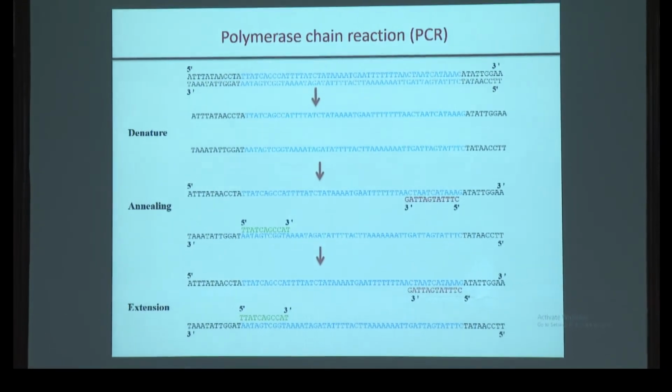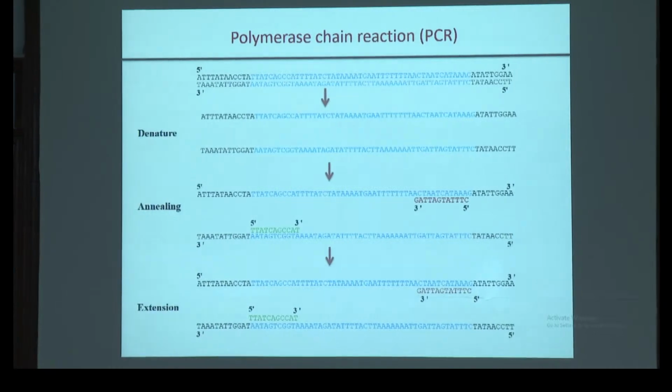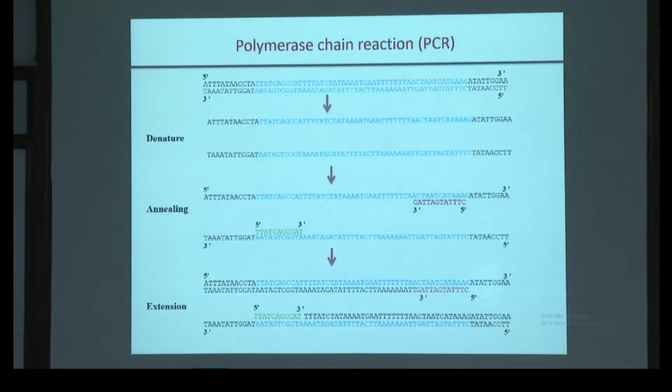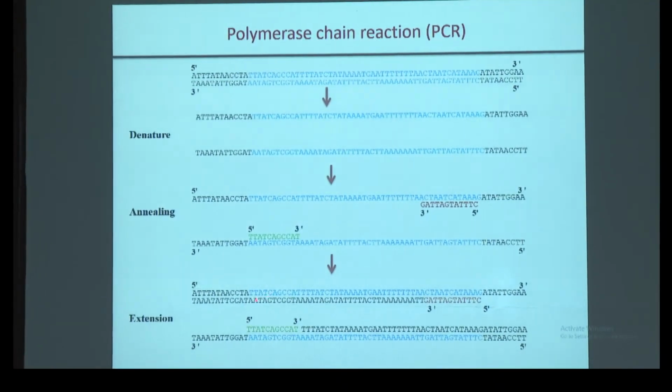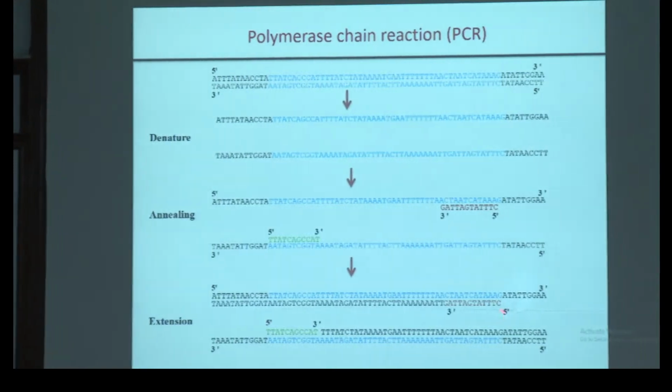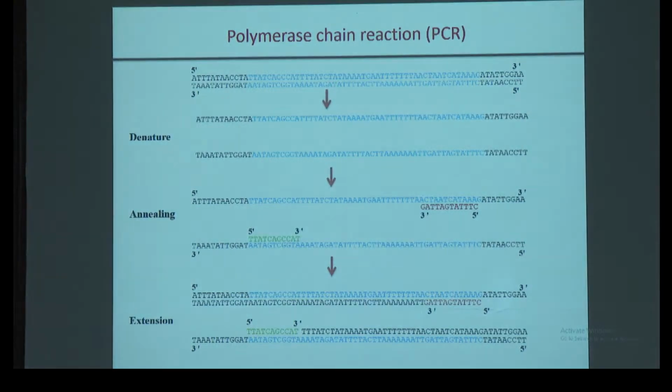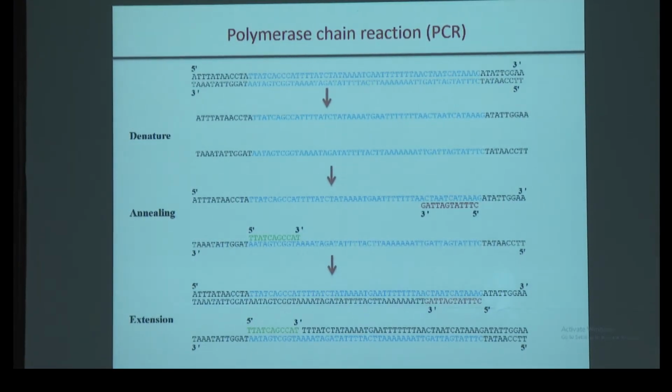Right? Then what is the next step? Extension. It is doing, right? But wait a minute. You can see here our forward primer starts here and reverse primer ends here, right? So we must get a PCR product within the range of the forward primer to exactly the end of the reverse primer.